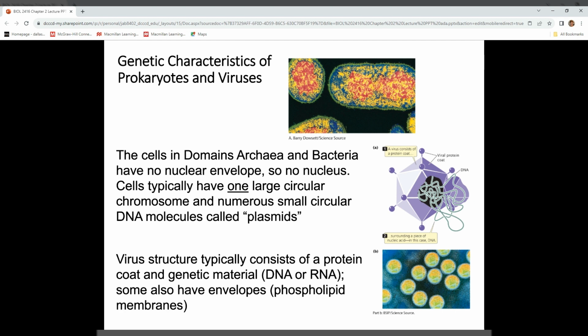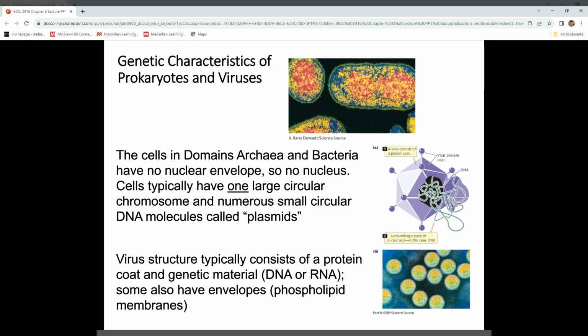In terms of viruses, they are fairly simple in structure. And as a general rule, all viruses have some kind of genetic material, either DNA or RNA. It can be a single molecule or it can be more than one molecule. It can be linear or circular.